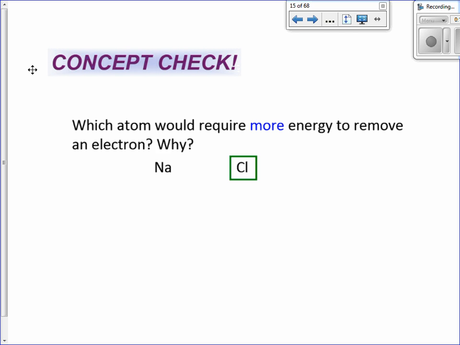What does it have more of? What's the key word you need to state in your justification? Has a higher effective nuclear charge. Because that basically is saying it has more protons to pull and hold it tighter. Okay, we're going for effective nuclear charge that's bigger for chlorine than it is for sodium.